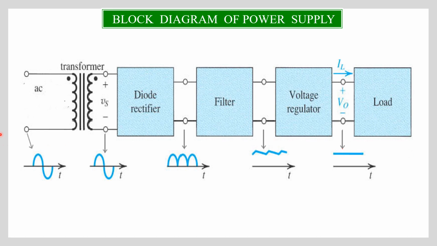Generally the AC input line voltage, that is 230 volt AC 50 Hz, is stepped down to a lower AC voltage with the transformer. So what is the function of the transformer? In 11th standard we have already studied the transformer in detail. To decrease or step down the voltage, we make use of the transformer.